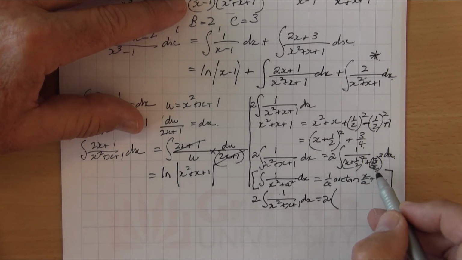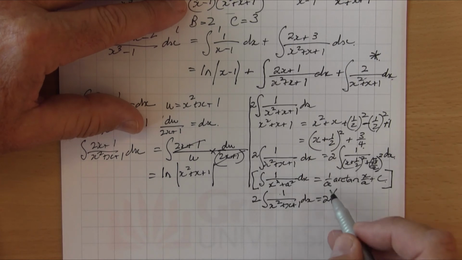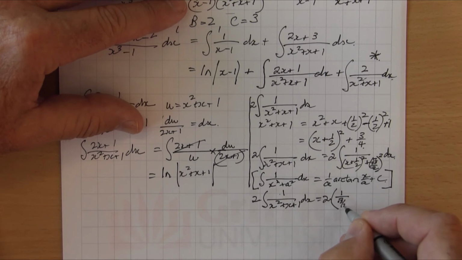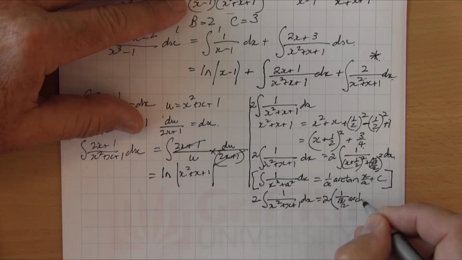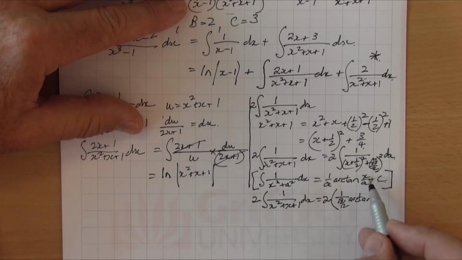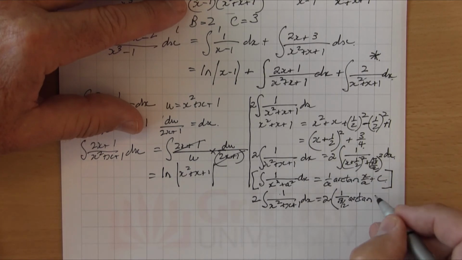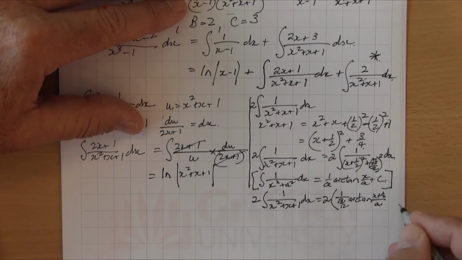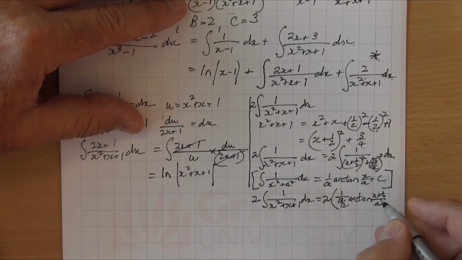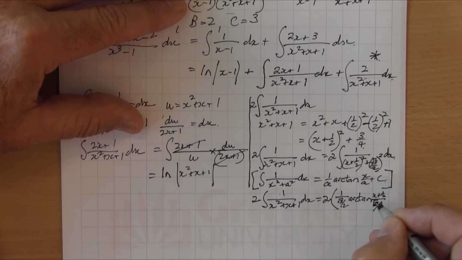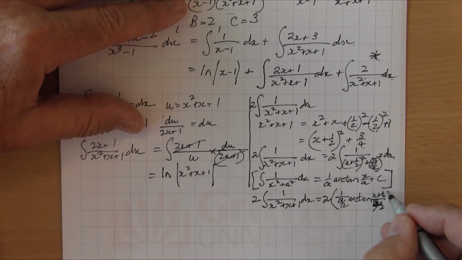My a is root 3 on 2. So it'll be 1 on a, so it'll be 1 over root 3 on 2. Arctan of x on a. My x is x plus a half, and my a is root 3 on 2. Plus c.